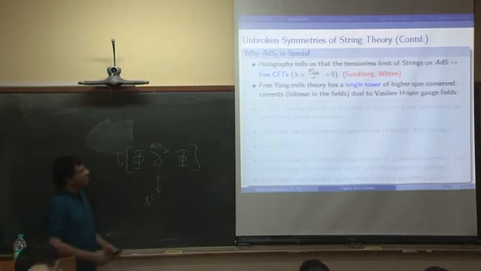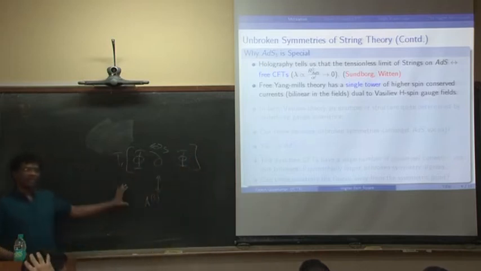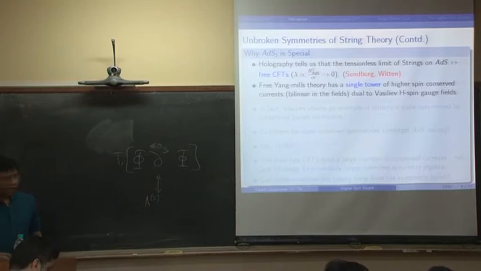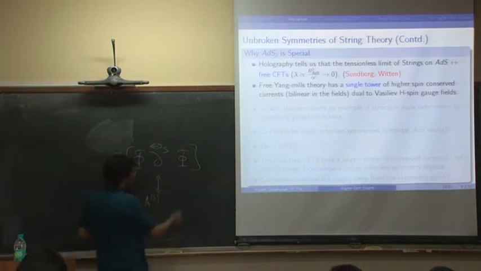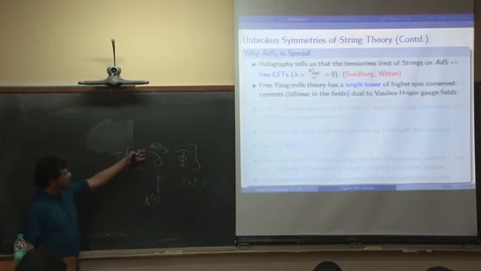This being conserved means that it has a sort of gauge invariance. And there is indeed a theory of interacting higher spin gauge fields with spin s greater than 2. So here you typically have spin 1, spin 2, and so on, a whole infinite tower.